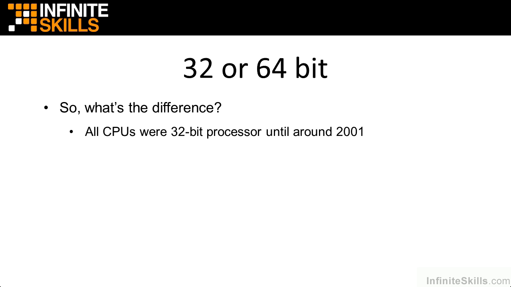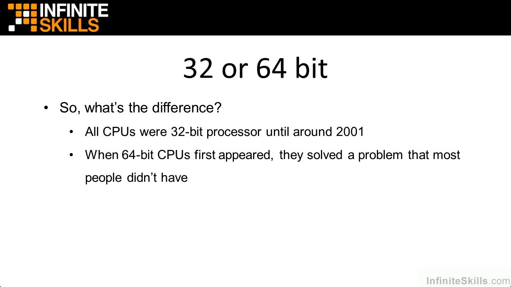Up until about 2001, all CPUs were 32-bit processors, meaning they worked in 32-bit chunks. We're talking about the data width path and all sorts of technologies, 32 bits until around 2001. Then when the 64-bit CPUs or processors first appeared, CPU is Central Processing Unit, they solved a problem that most people didn't have.